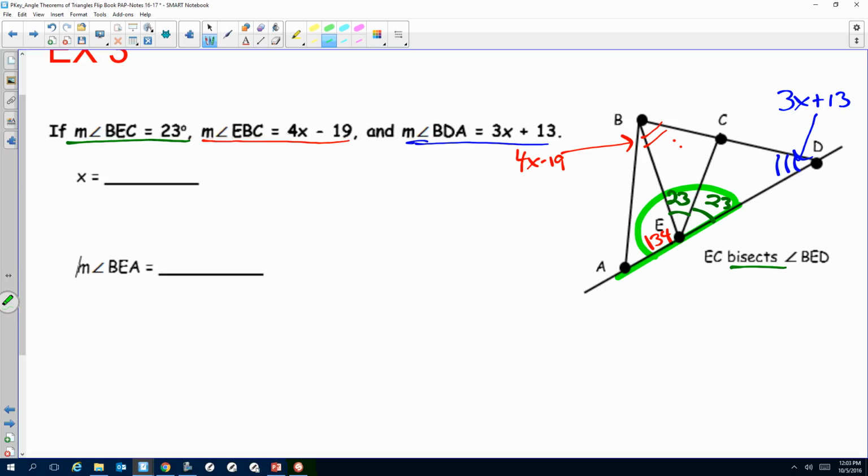Now, we need to get to the x. How am I going to get to this x? Okay, 4x minus 19 does not equal 23. Let me help you out.